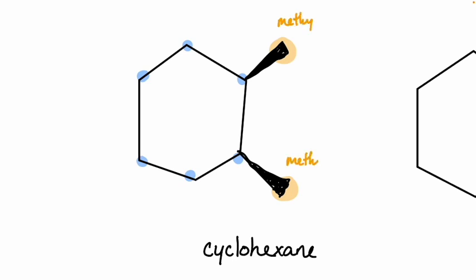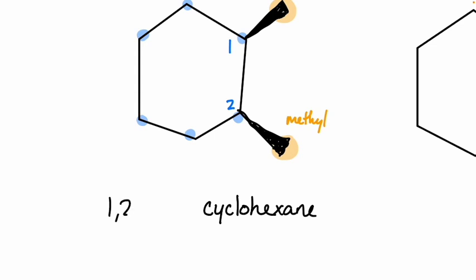This is a methyl group. Remember, if there was only one of them, I could leave off that locant, but anytime there's more than one of them, I am going to have to put those numbers in, right? In this case, wouldn't matter which one I start from. They are located 2 carbons apart. So this would be 1,2 dimethyl cyclohexane.